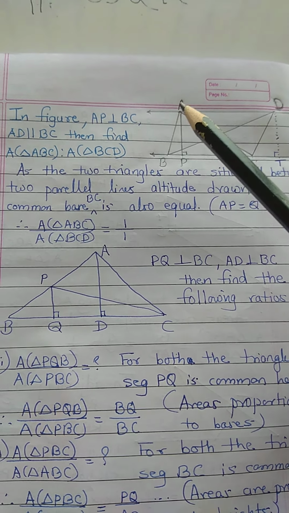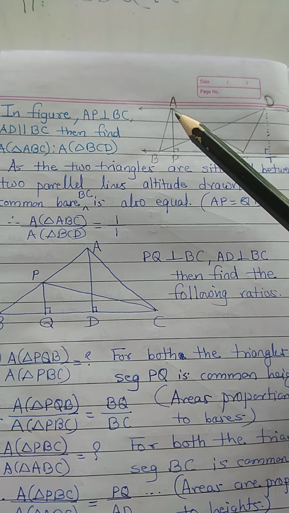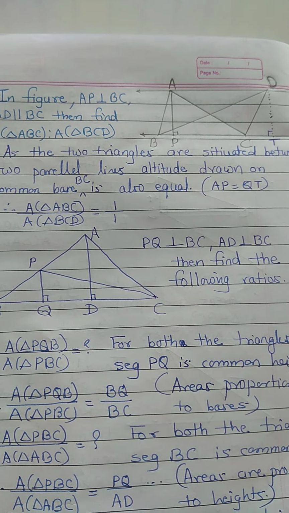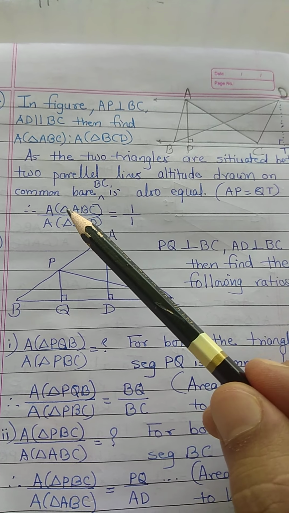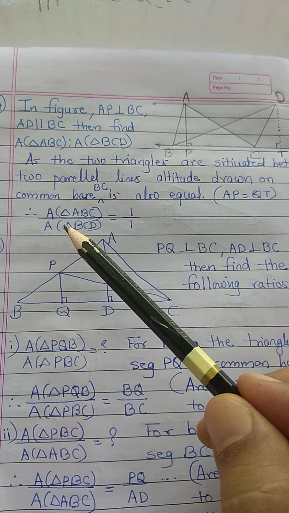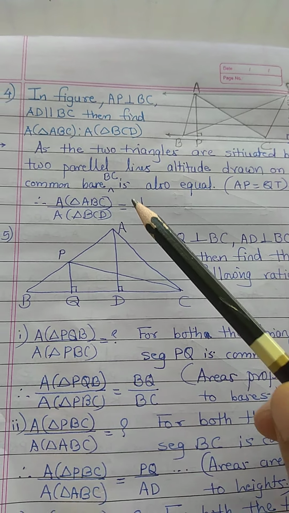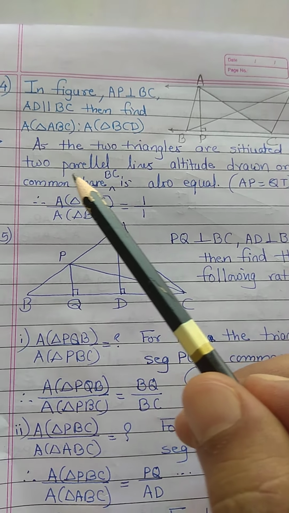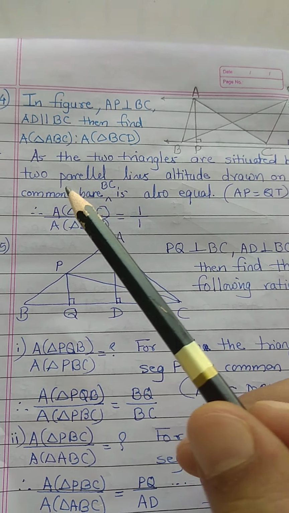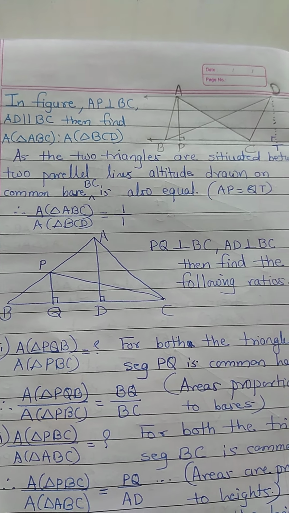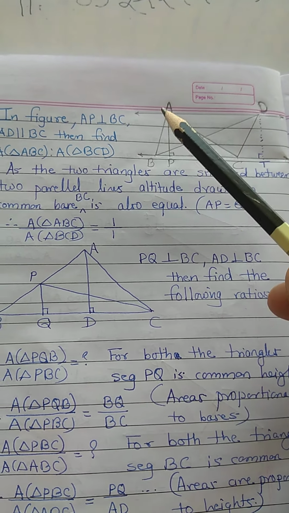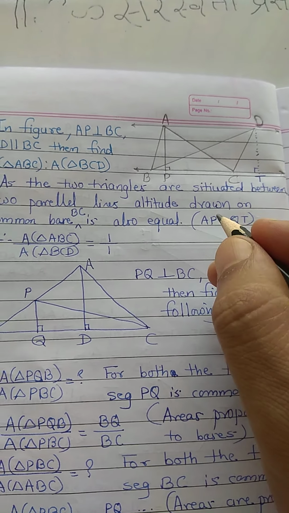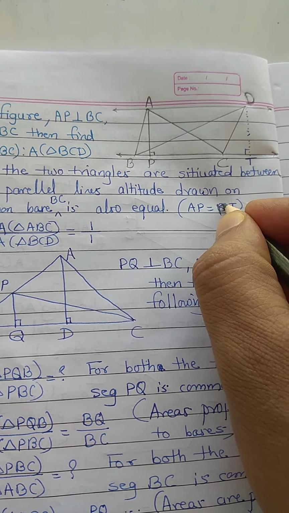Therefore, the areas of triangle ABC and triangle BCD are also equal. As areas are equal, their ratio is 1:1. See here, as the two triangles are situated between two parallel lines, the altitudes drawn on common base BC are also equal, AP and this DT.